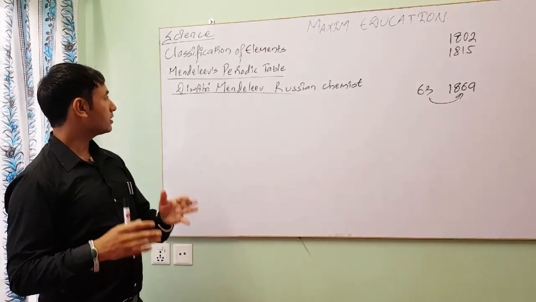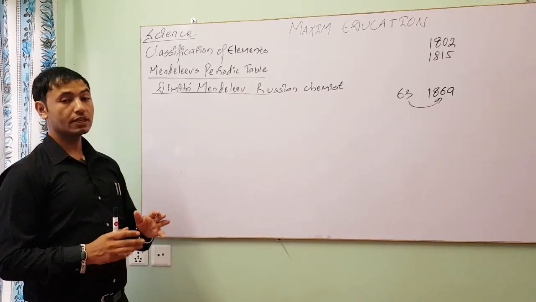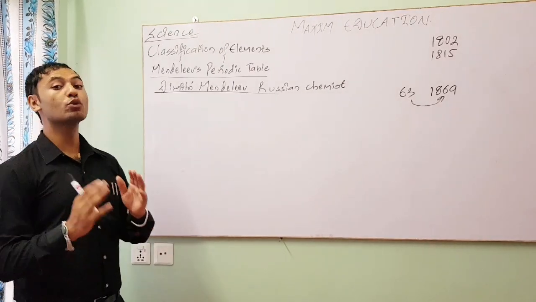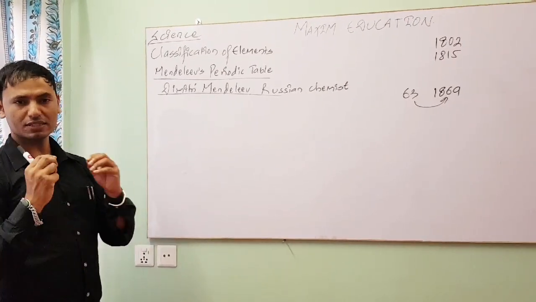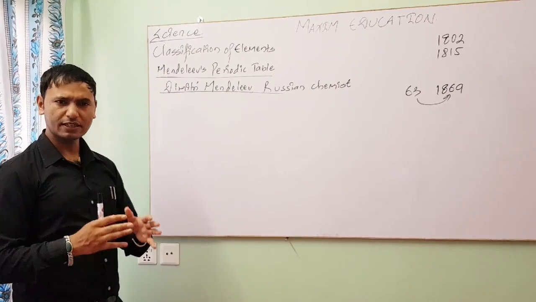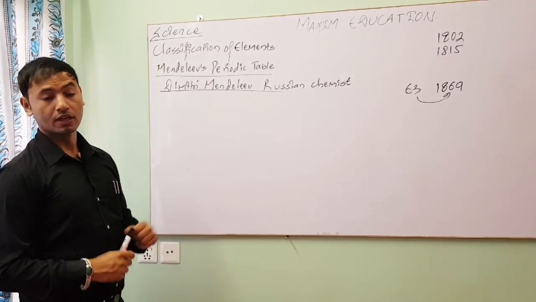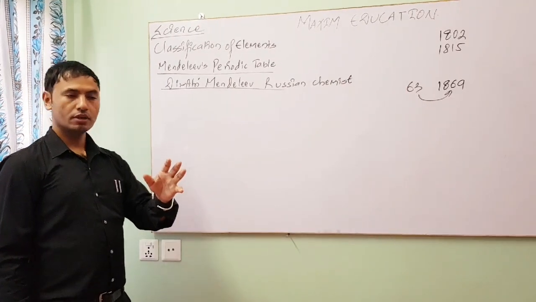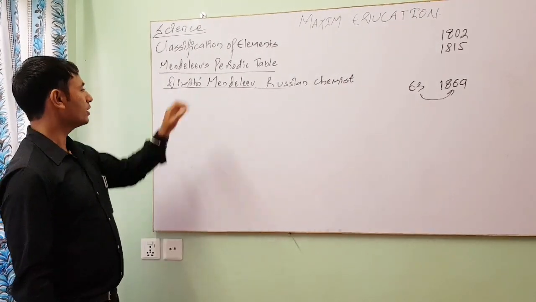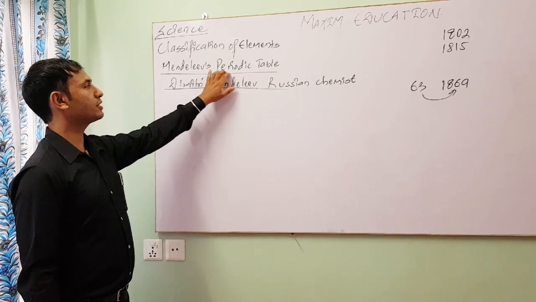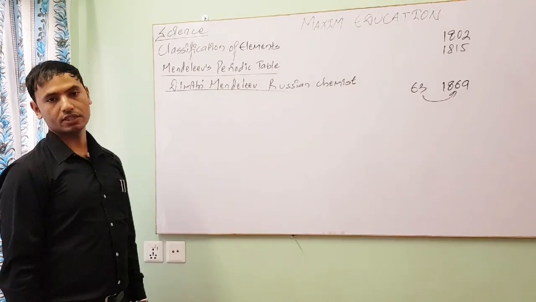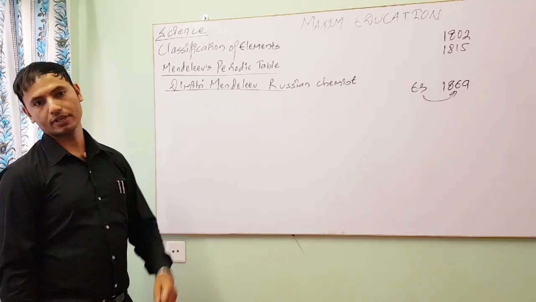The systematic division of elements into periods and groups according to their similarity in physical and chemical properties is known as the periodic table. The representation of elements in tabular form, into groups and periods, is known as the periodic table.